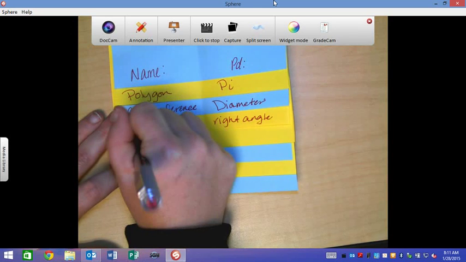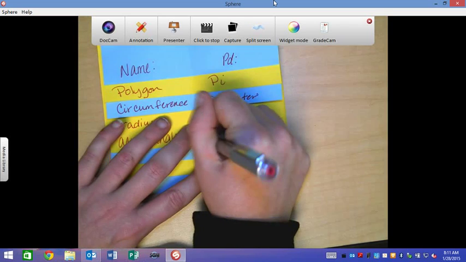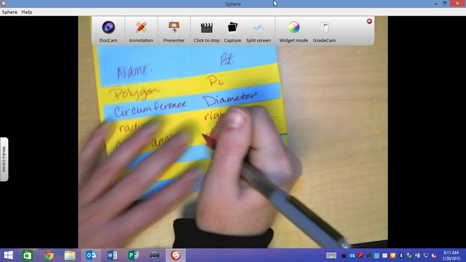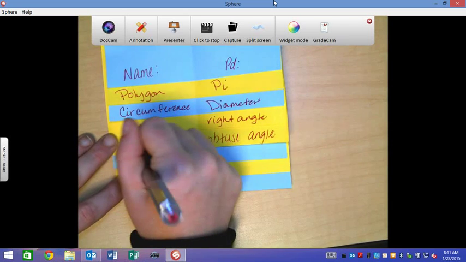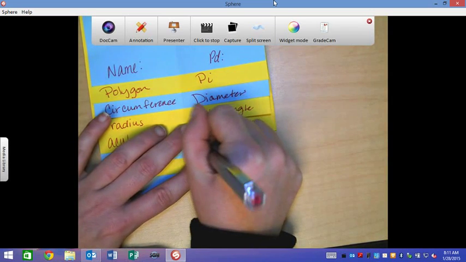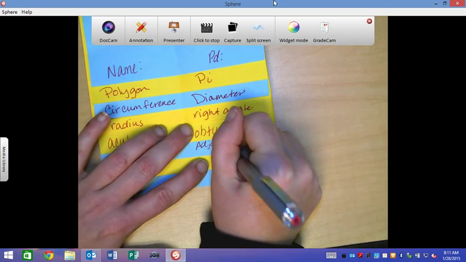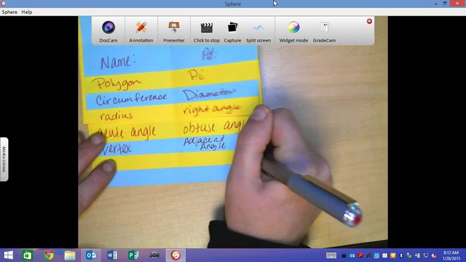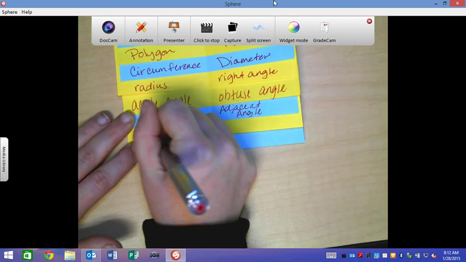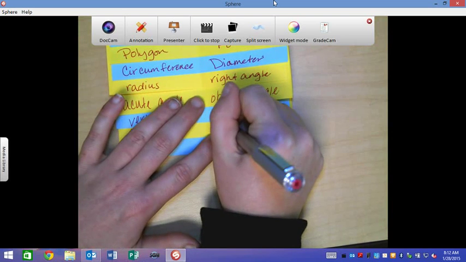Acute angle, obtuse angle, vertex, here's a long one, adjacent angle, congruent angles, vertical angles.